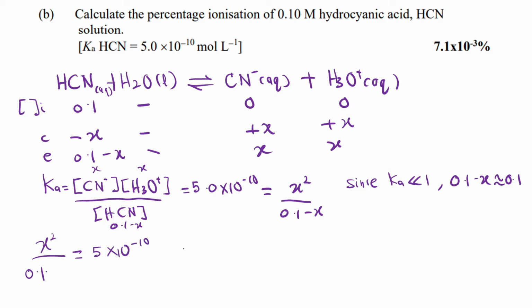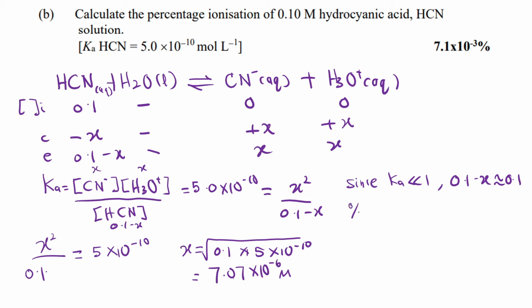So equation ni dia akan jadi X is equal to square root 0.1 darab 5 exponent negative 10. Jadi solve for X, kita dapat X sama dengan 7.07 exponent negative 6 molar. Jadi untuk kira percentage ionization, percentage ionized is equal to X over C initial darab 100%.